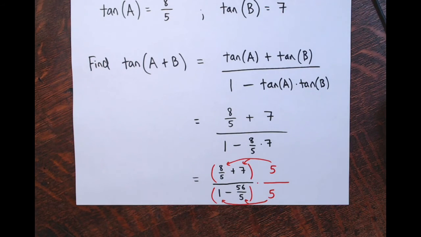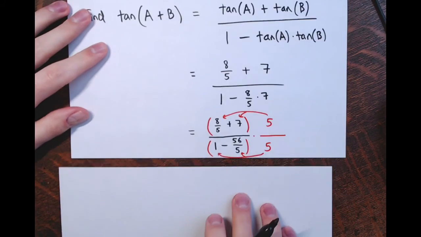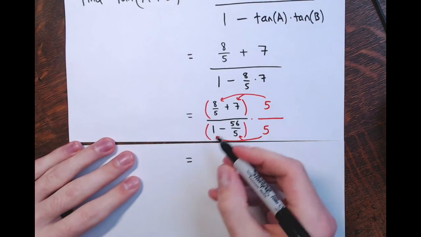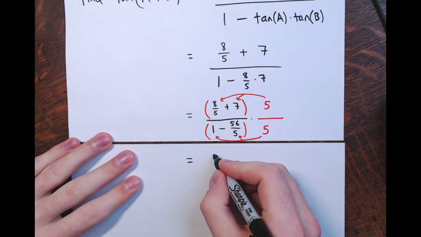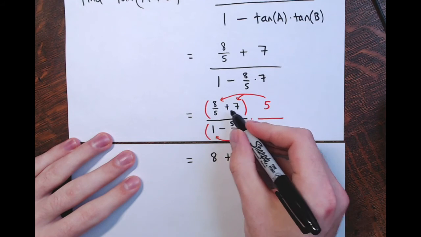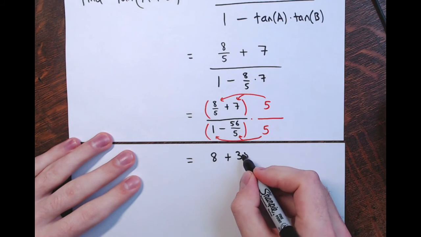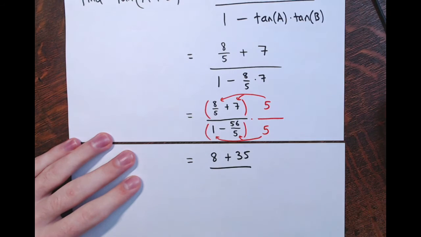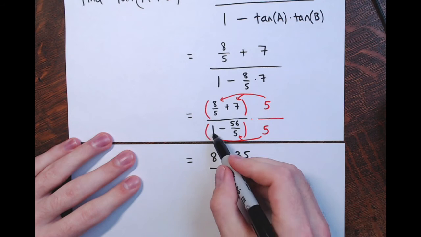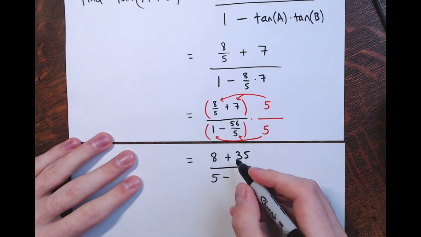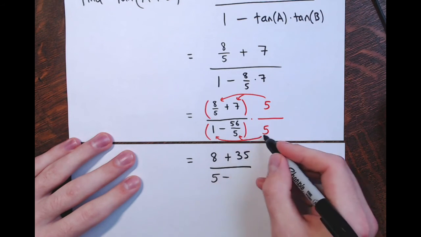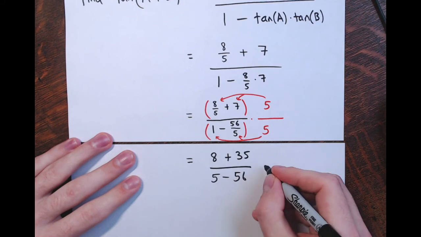5 times 8/5 is just 8, plus 5 times 7, 35. So the numerator is a lot simpler looking now. Same thing with the denominator: 5 times 1 is 5, minus 5 times 56/5, which is just 56.